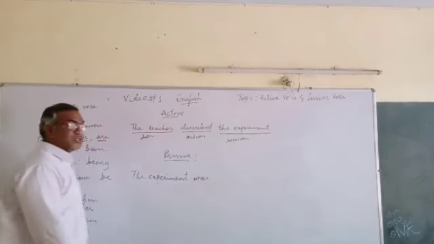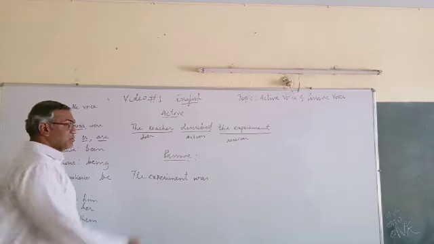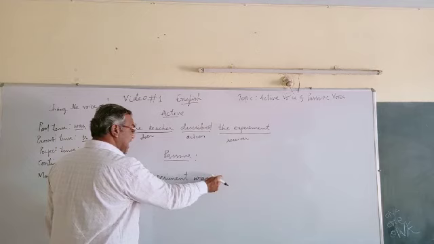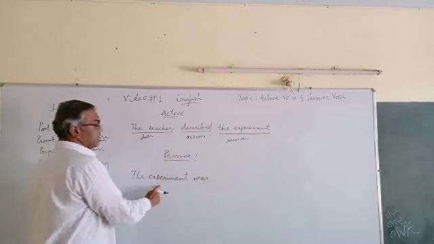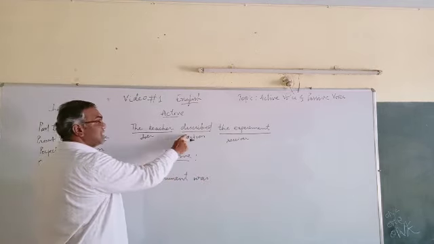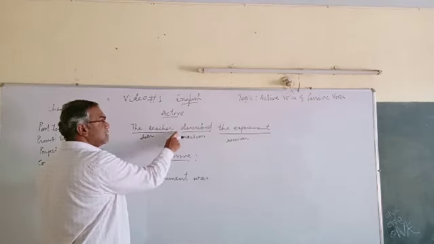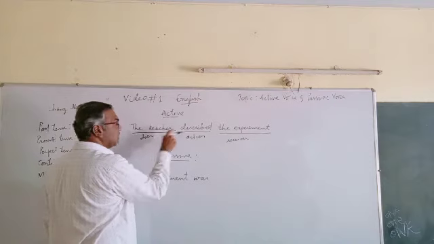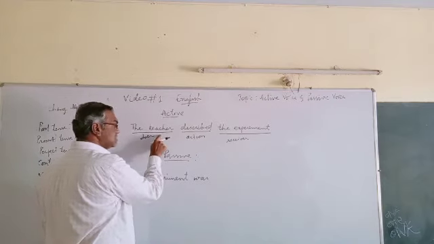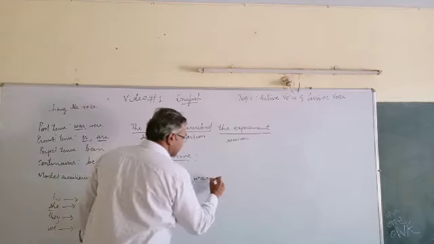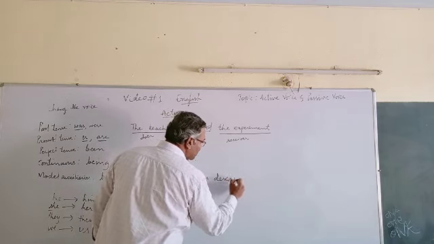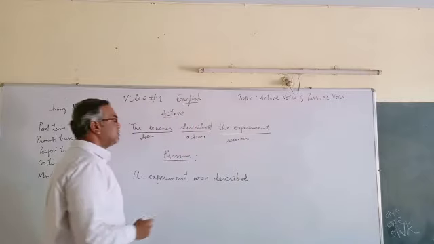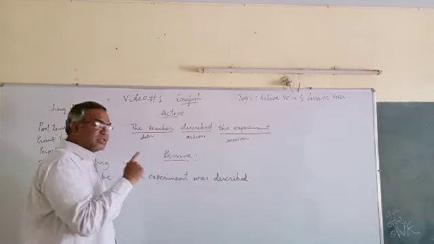The experiment was. This auxiliary verb makes the action done on the subject. The teacher described, no auxiliary verb here, so the action is done by the teacher. The teacher is the doer. The experiment was described. The third form of describe is described again; the second and third forms are the same.